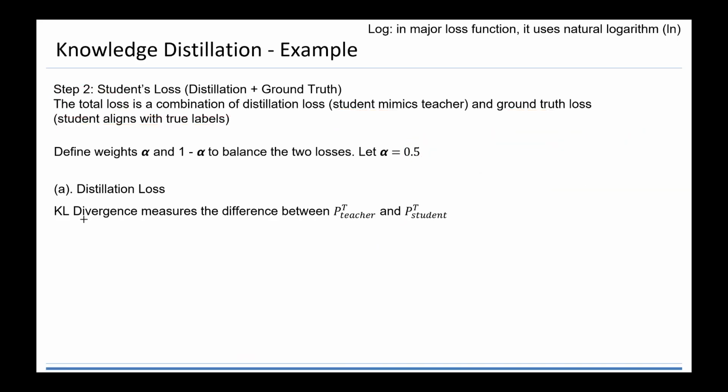So for the distillation loss, we can measure the KL divergence between the teacher and the student. So for the loss distillation between the teacher and the student, we can use this KL divergence. We include the T to the power of 2, and we do the sigma of P teacher multiplied by the log of P teacher divided by P student.